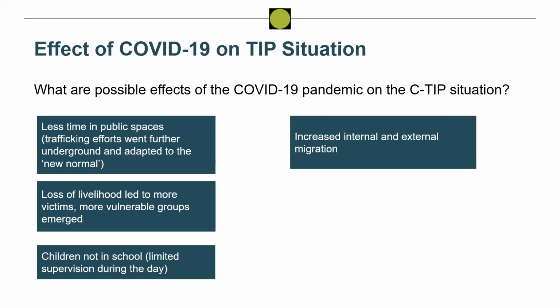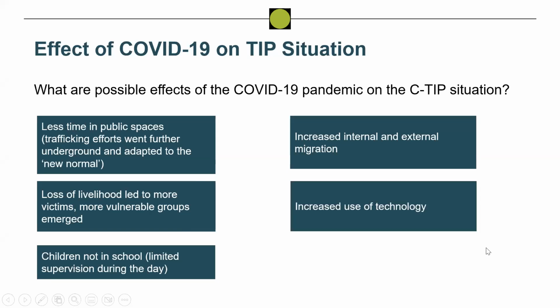Of course, I've talked about increased internal and external migration. We saw groups of people moving either from towns to the villages or to smaller towns, looking for livelihoods because there was a stop in most production activities in some countries. Also, the focus of frontline workers changed.